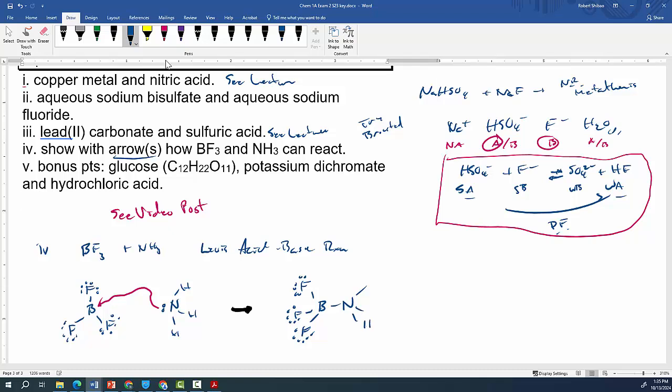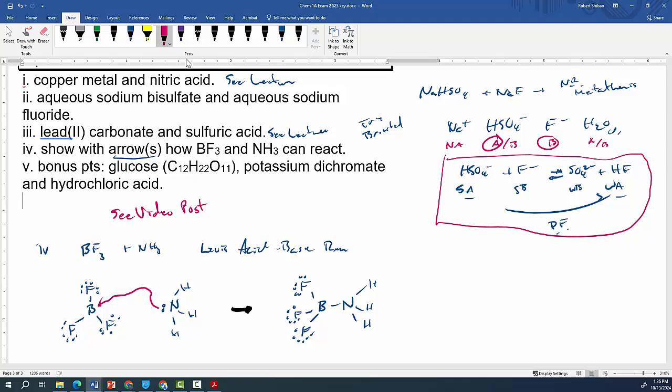And both the bonding electrons in this bond here come from nitrogen. We have different names for that. This is called the coordinate covalent bond or dative bond. But this is the product here. So now boron has an octet.